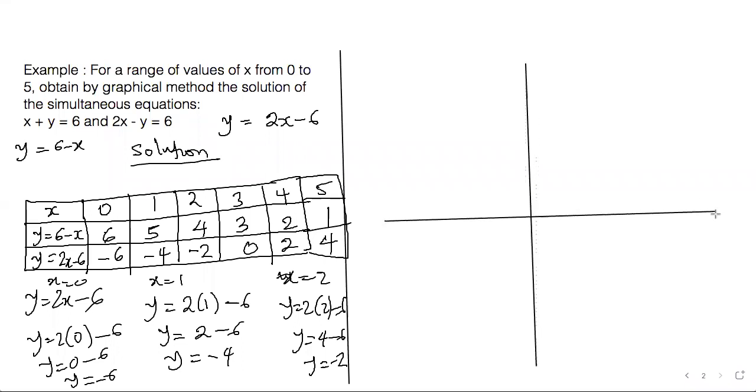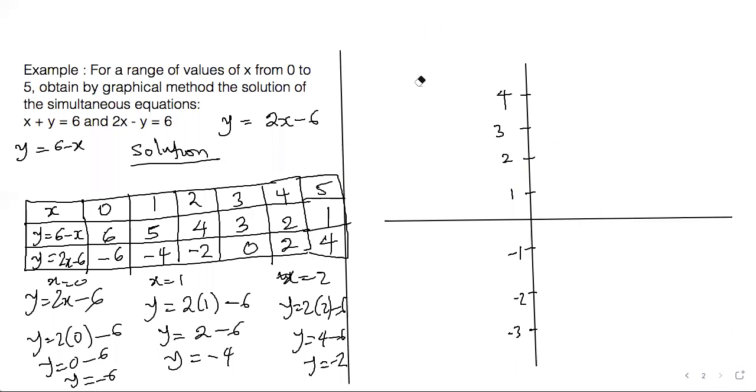So this is a rough sketch, basically. This is 1, this is 2, this is 3, this is 4, and this is minus 1, minus 2, minus 3. Okay, I think that'll be too sharp there to manage my line properly.